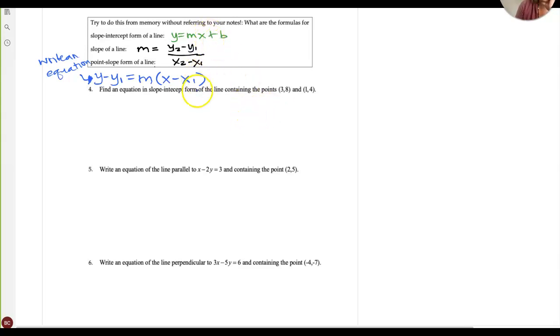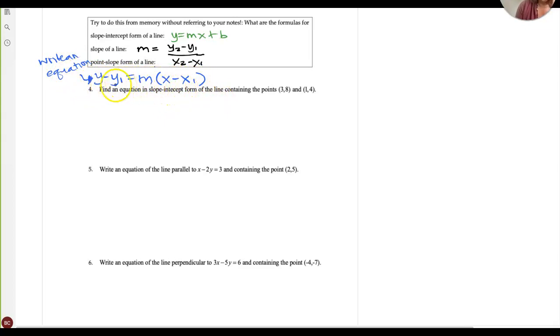Okay, so now we're going to use some of these formulas. So the first one, number 4: find an equation in slope-intercept form of the line containing these 2 points. So when I am trying to find the equation of a line, I have to use this equation right here in blue.